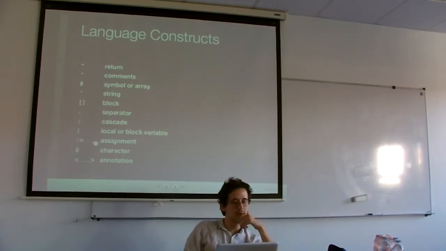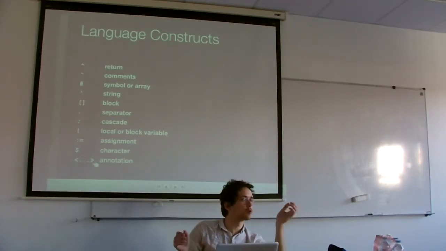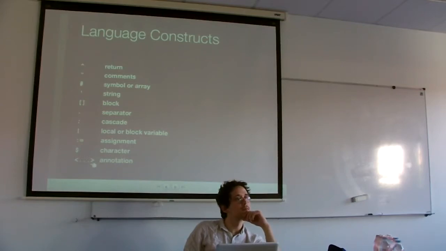That's the assignment, and that's for characters. And that's a special thing for annotations in methods. So you can put custom annotations at the beginning of methods between comments. And what is the difference between annotations and comments?